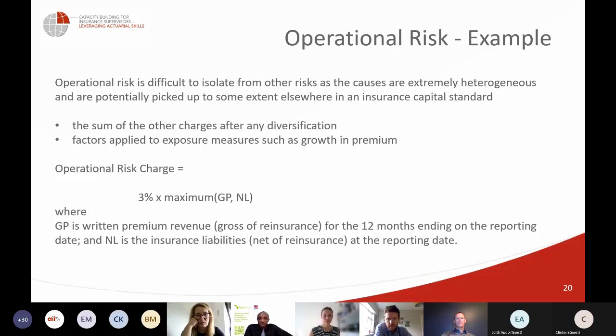And it is very difficult to isolate it from the other risks. Let me give an example. Assume that you don't have qualified staff, particularly within the investments team, and they make wrong decisions.